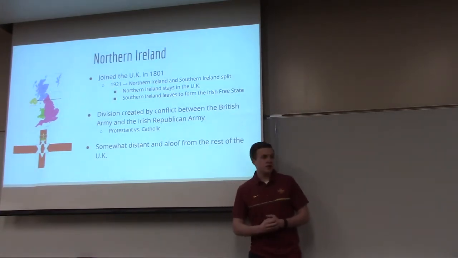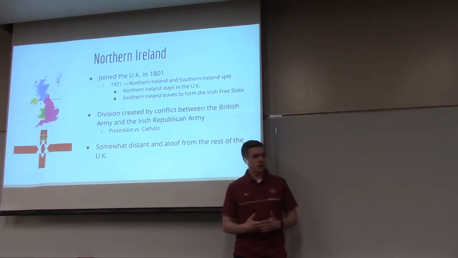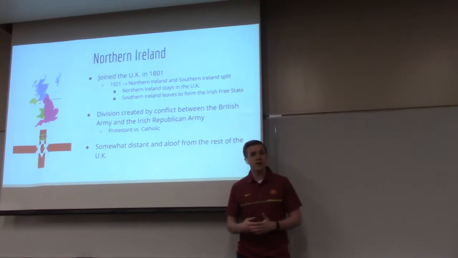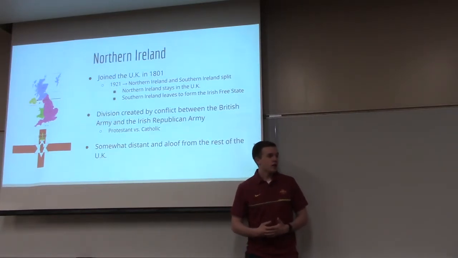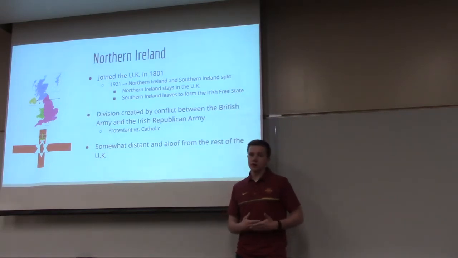And then next, the next country in the UK is Northern Ireland. The entire island of Ireland joined the UK in 1801. However, in 1921, Northern Ireland and Southern Ireland split. Southern Ireland left to form the Irish Free State, and Northern Ireland decided to retain its membership in the United Kingdom.